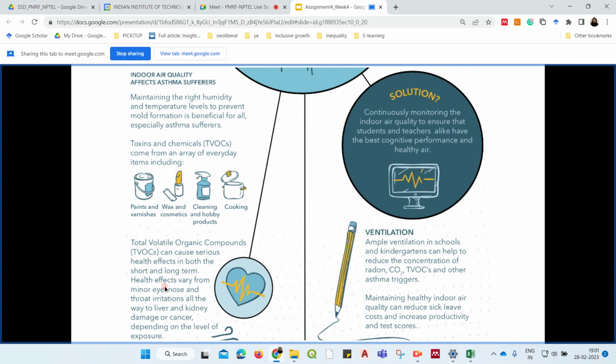These also have negative health effects and can cause irritation, which can vary from minor irritation even to liver and kidney damage, or they can even be cancer causing if there is high-level exposure.